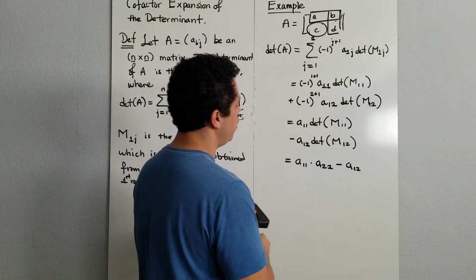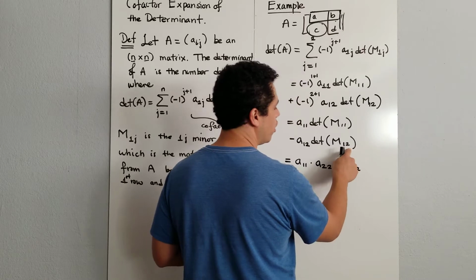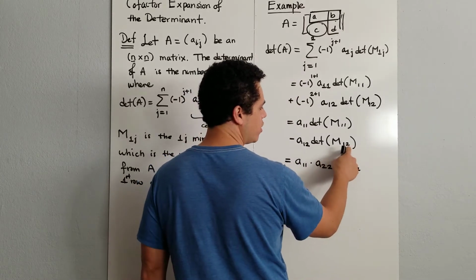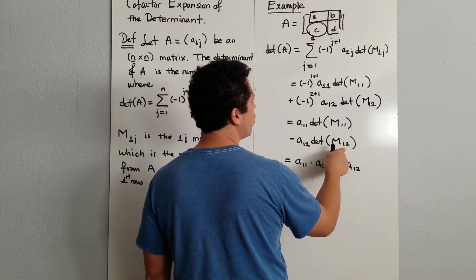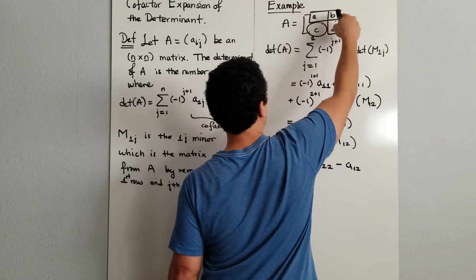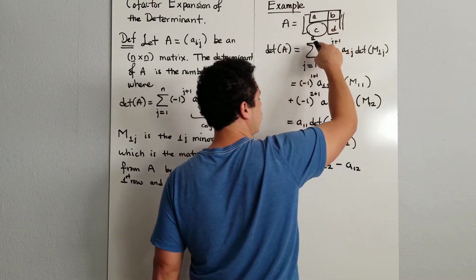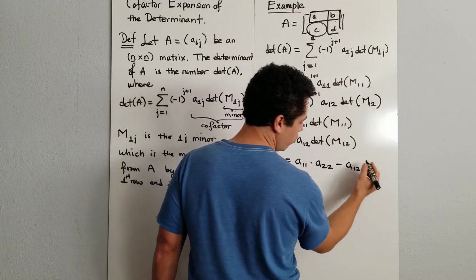So, let's see. Now that I have considered this, what's this M? Well, this M is the matrix that is obtained by removing the first row and the second column. But that is exactly this entry that I have here. Well, what is that?